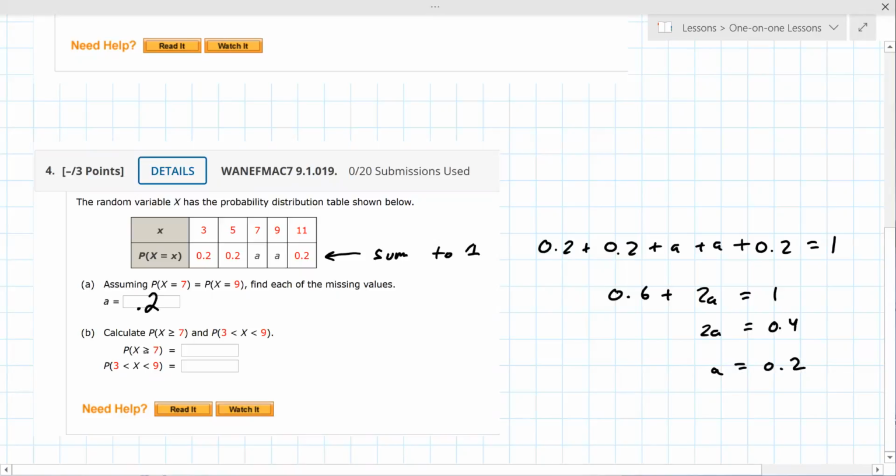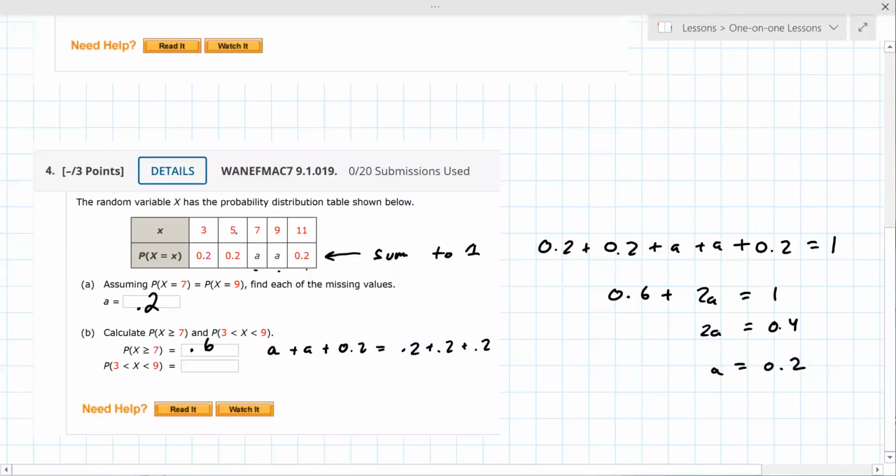The probability that X is greater than or equal to 7, that's A plus 0.2. That's those 3 probabilities, because greater than or equal to means it includes those values. Since A is 0.2, that's 0.2 plus 0.2 plus 0.2, that's 0.6. For 3 less than X less than 9, it does not include 3, does not include 9.